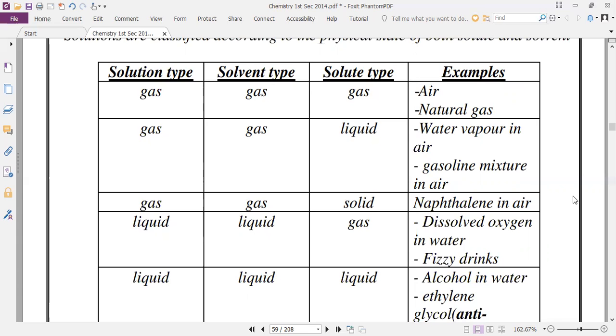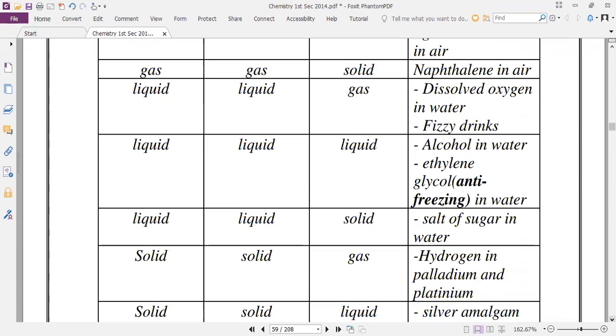Solid gas: naphthalene and air. Gas liquid: dissolved oxygen in water and fizzy drinks. Liquid liquid: alcohol in water, ethylene glycol in water, antifreezing.